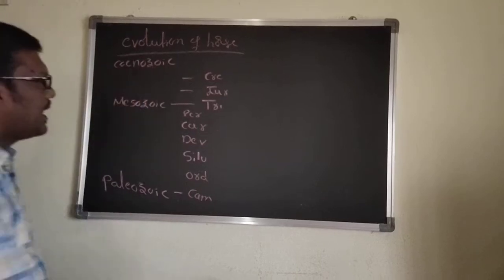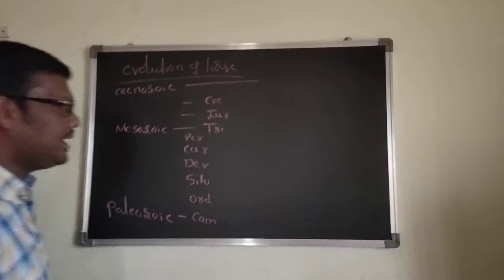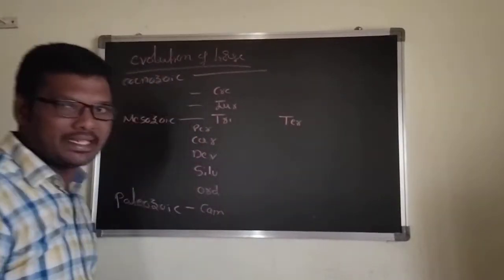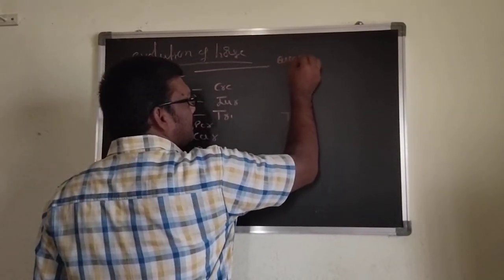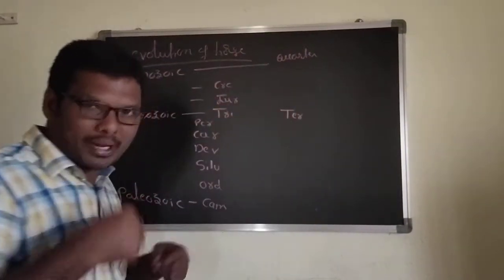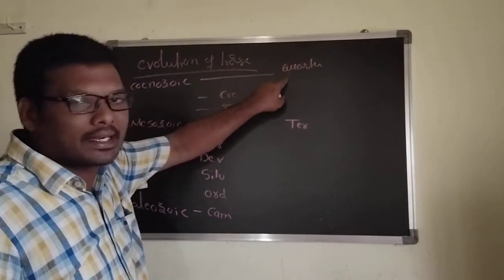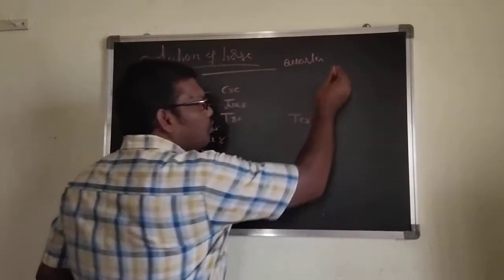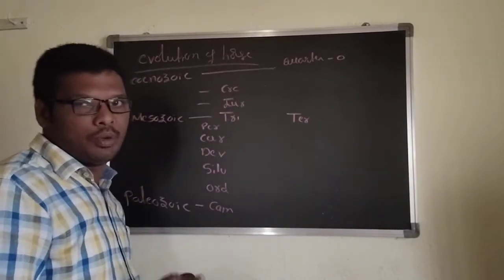Now, the Cenozoic era has 2 periods. One is the tertiary period. I can write here: one is the tertiary period. Another is the quaternary period. The present civilization of humans takes place in the quaternary period. I take the quaternary period as 0 million, the present.